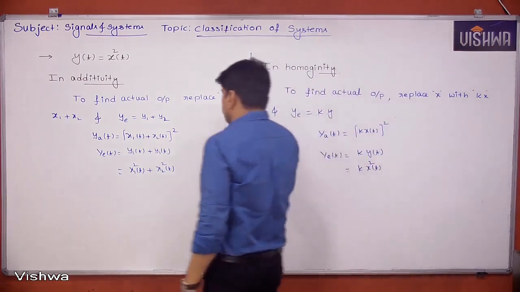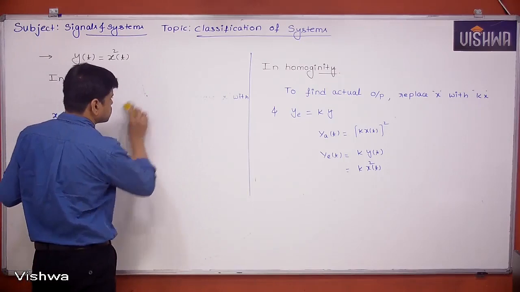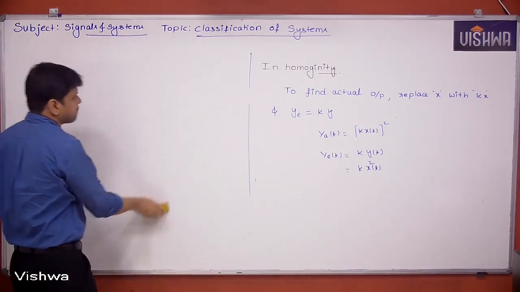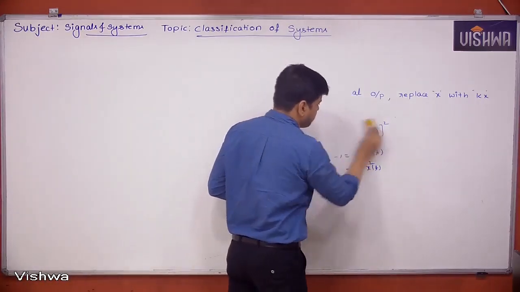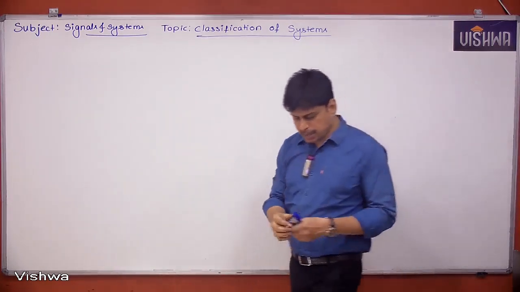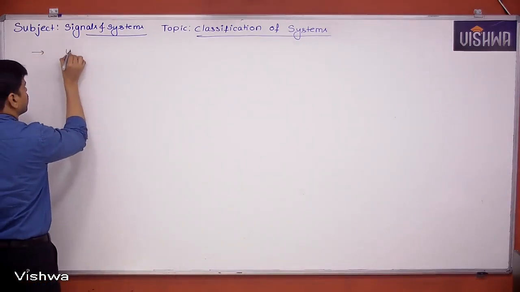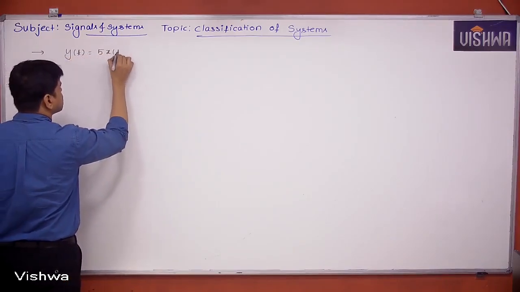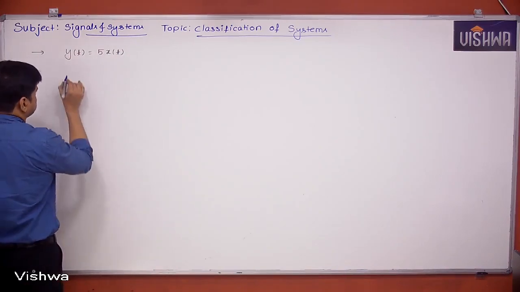Let's see some more examples. Try this one: y of t is equal to 5x of t. Additivity I am checking.